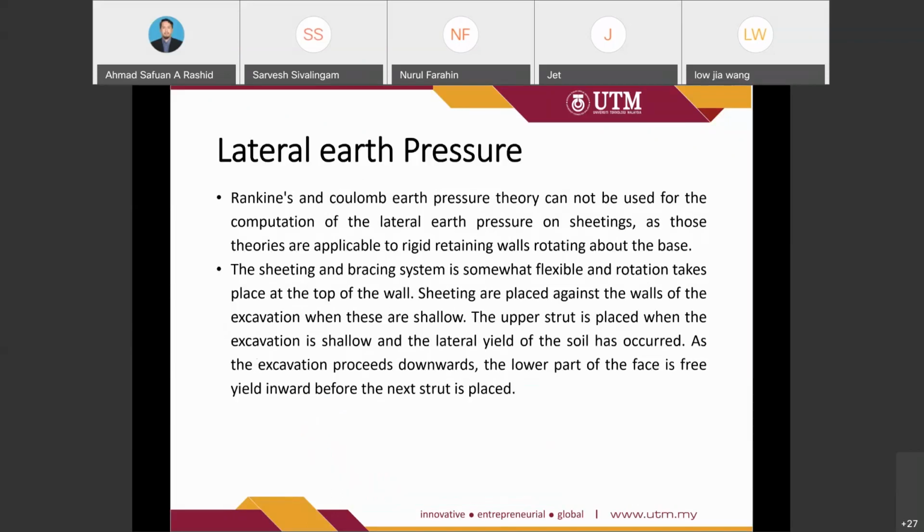Okay. So now we may look at how to do the calculations to design for the Bracecut. Okay, definitely we need to use the Rankine pressure approach, which is to get the Ka value. Okay, but the rest is not similar to what we use in the Rankine.